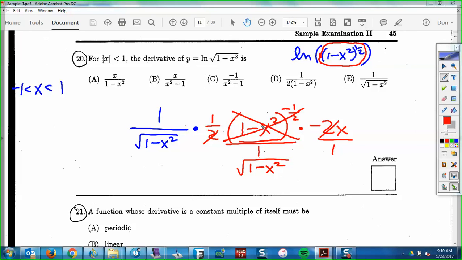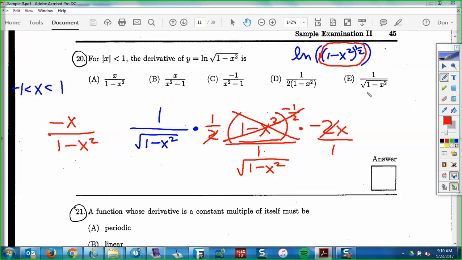So what do you got on top? Negative x. What do you got on the bottom? Square root of 1 minus x squared times square root of 1 minus x squared. Wouldn't that just be 1 minus x squared?